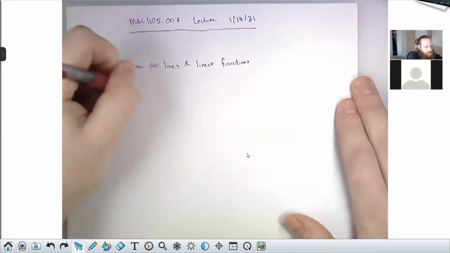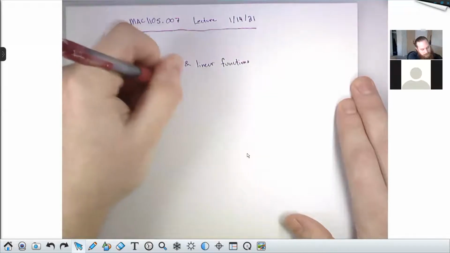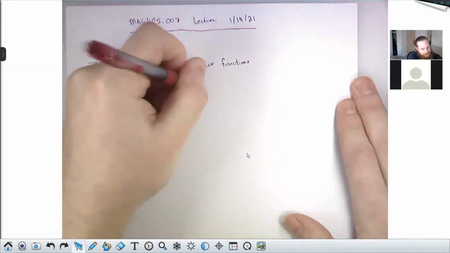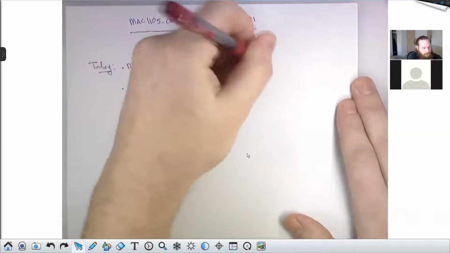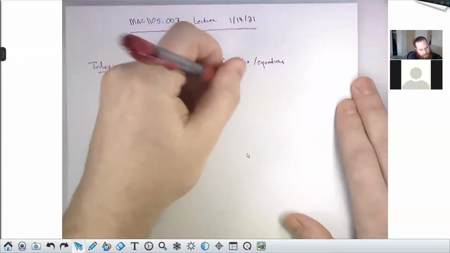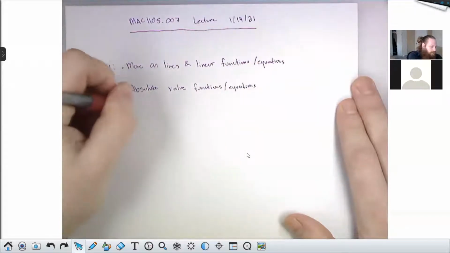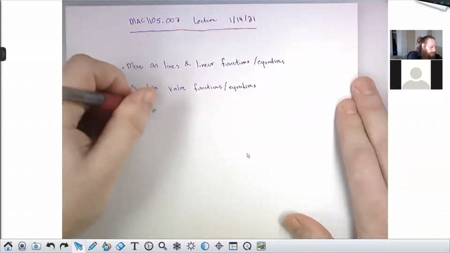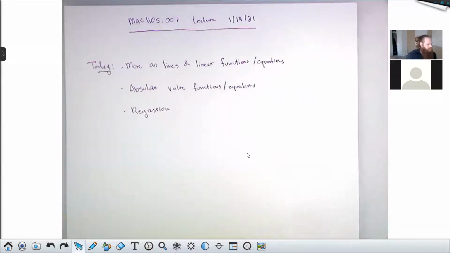We're going to talk about absolute value functions. I should add equations here. And then if there's time, we're going to get to this regression stuff, which is really a calculator thing. And again, that's the issue for which I'm trying to get an emulator to work, but still haven't had success.